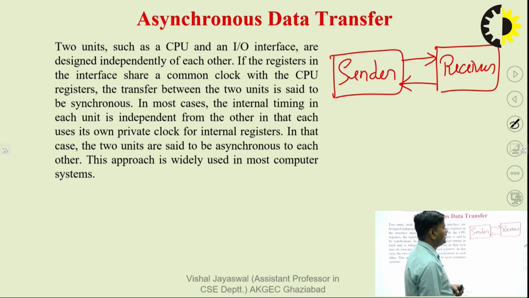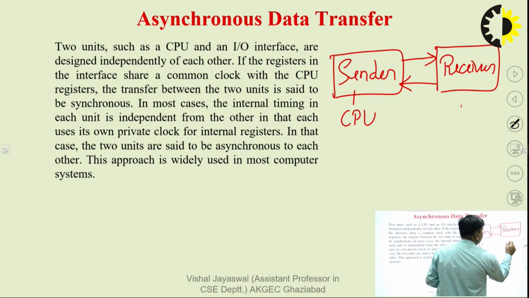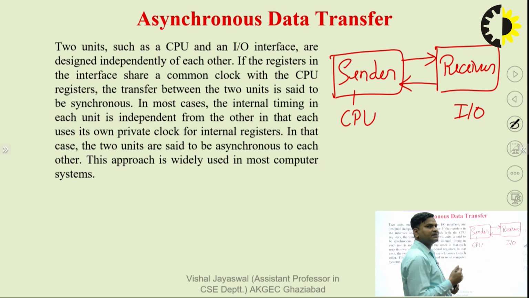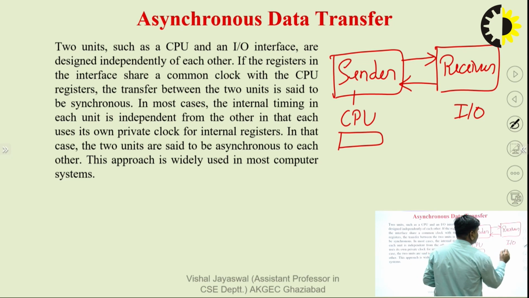Say this is a CPU and this is an I/O device, and in the previous diagram we saw that the CPU has registers and I/O devices also have registers. Let's suppose CPU has one register and the I/O device has one register.